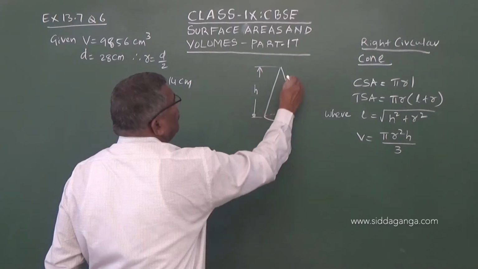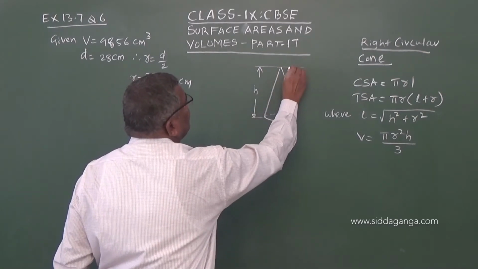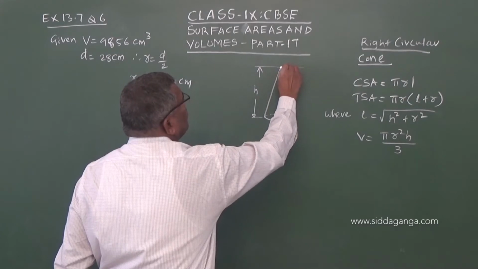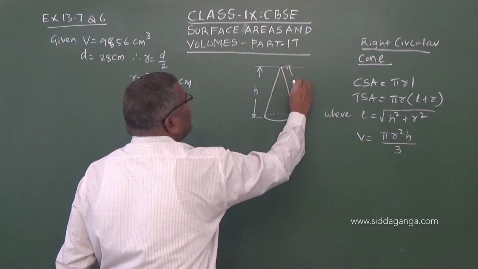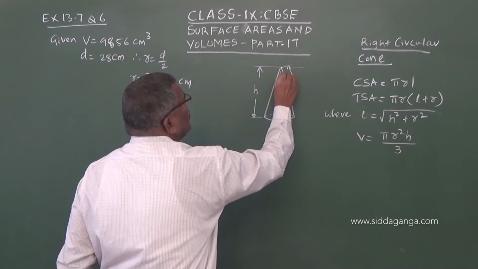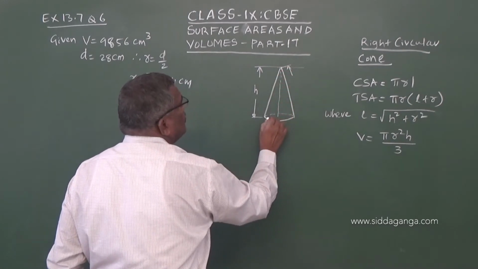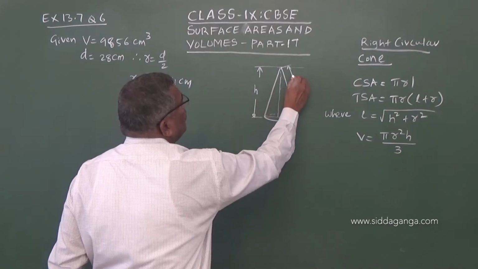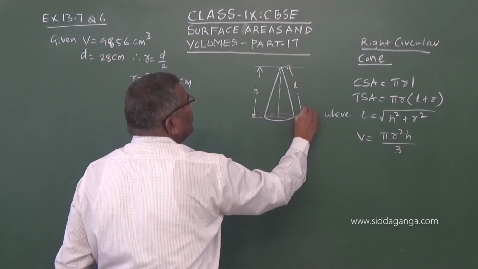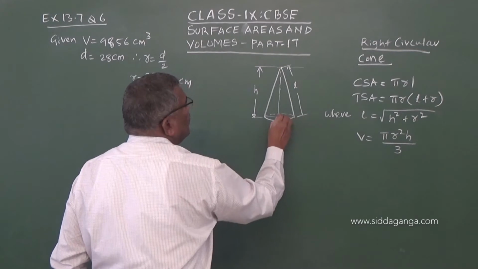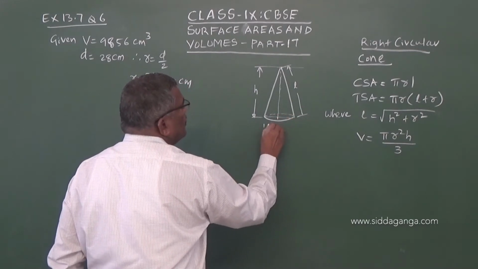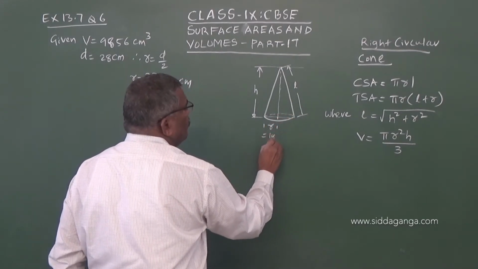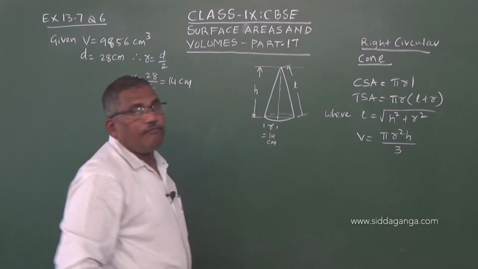Height is different from slant height, and this is the slant height L. This is the height. This and this are the same, and this is the slant height L. And from here to here, this is the radius. It is equal to 14 centimeter.